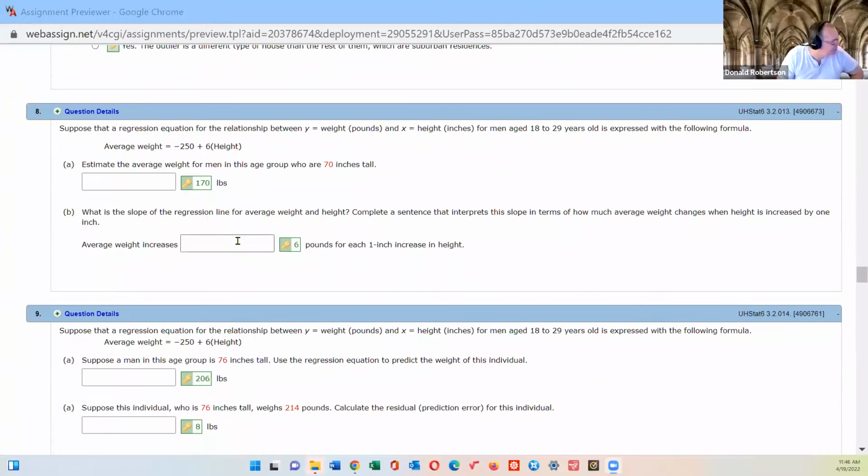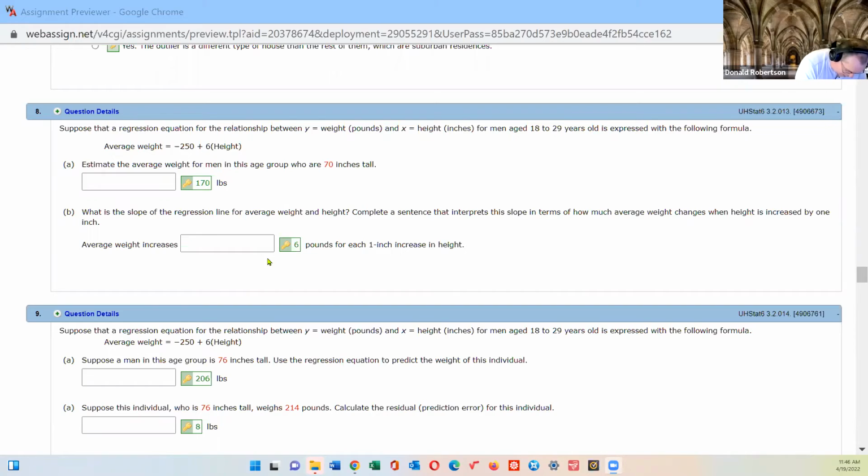Yeah, here we go. Let's show you now some more homework questions. Suppose that a regression equation, the best fitting straight line, is given with y as weight and x as height.